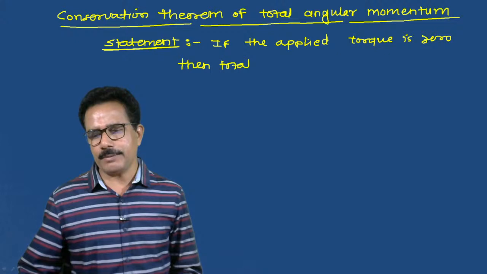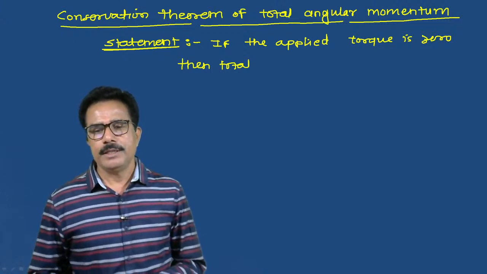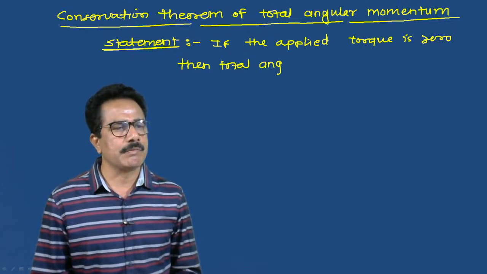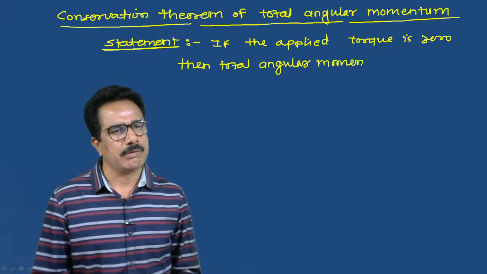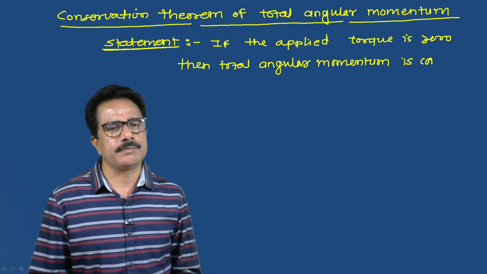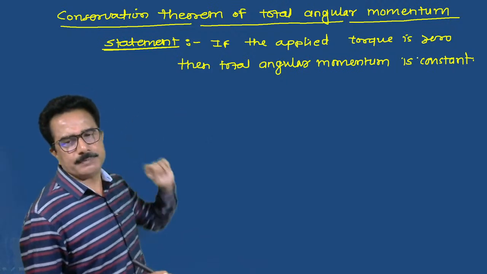What is the statement of this theorem here? If applied torque is 0, then the total angular momentum is constant. This is the statement of the theorem.